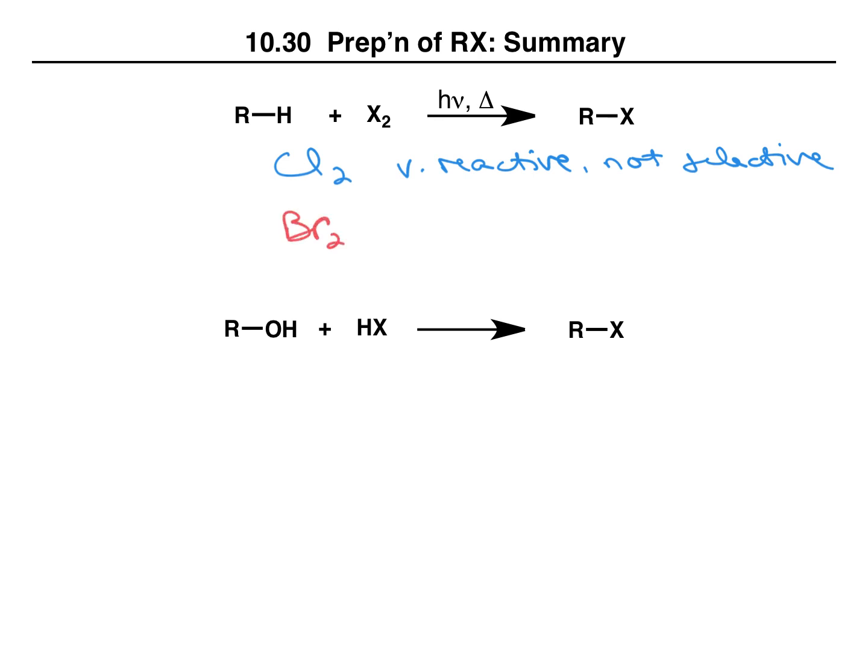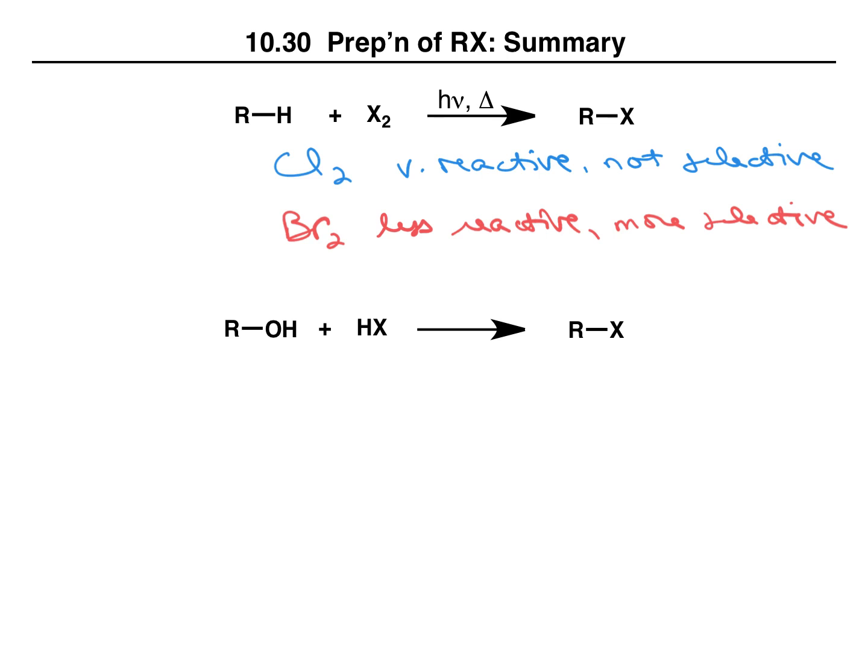Bromine is not very reactive, but it is more selective. So reaction with bromine will primarily occur to give you the tertiary alkyl halide, which results from a tertiary radical.